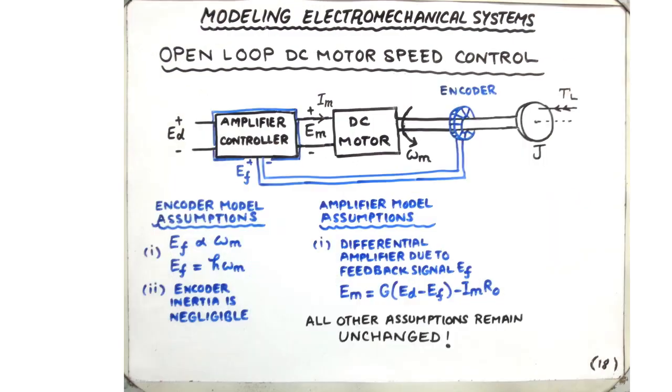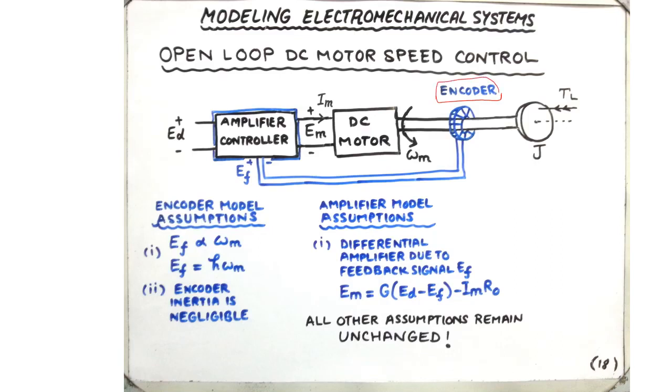Now, for the purpose of feedback, we mount some kind of angular speed sensor or a component that can sense the angular speed. That can be either a tachometer or an encoder, shown here.